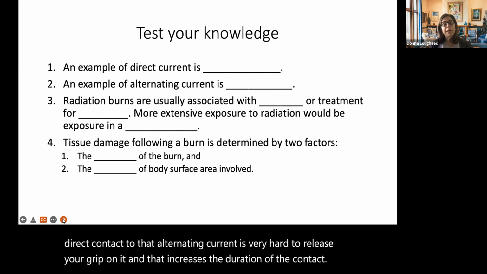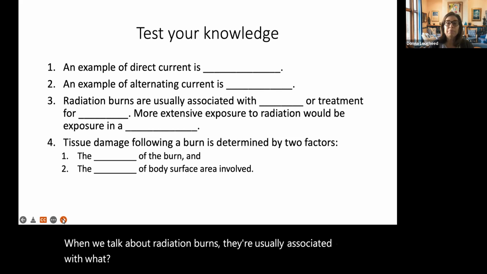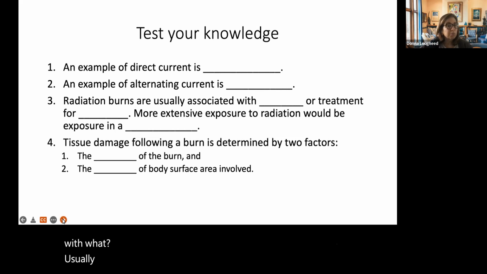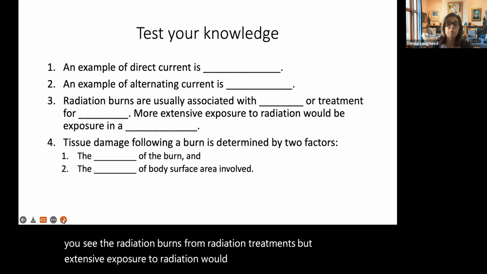When we talk about radiation burns, they're usually associated with what? Usually sunburn, so superficial sunburn, or treatment for cancer. You see radiation burns from radiation treatments, but extensive exposure to radiation would be exposure with a nuclear reactor.